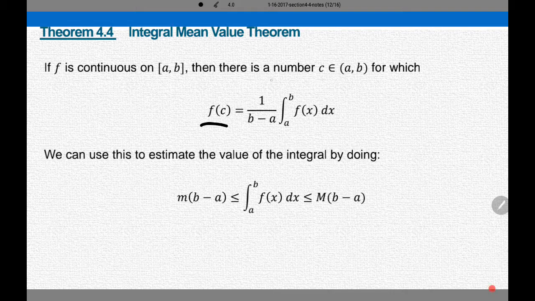So if I do 1 over the difference of b minus a times the integral of the function, we can use this to estimate the value, where m is just the function at a and capital M is the function at b. And if we do that, we get a range between where the value of the integral should lie.